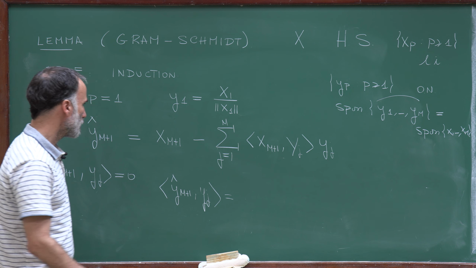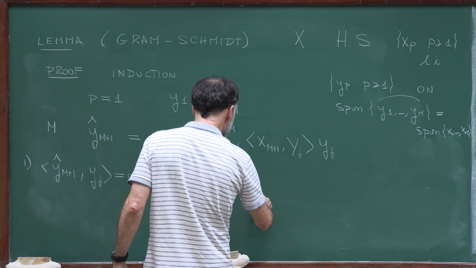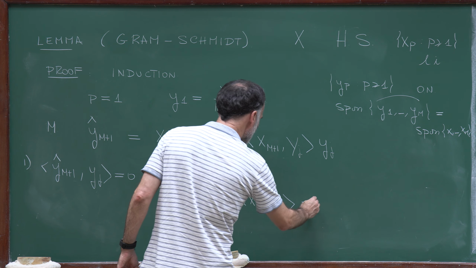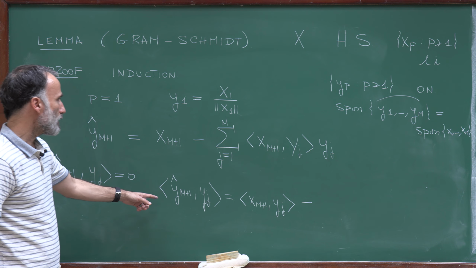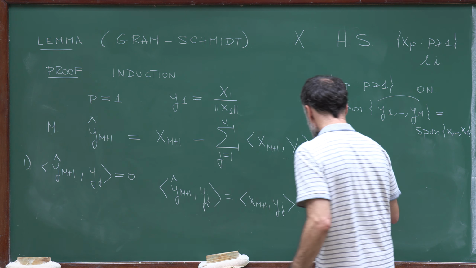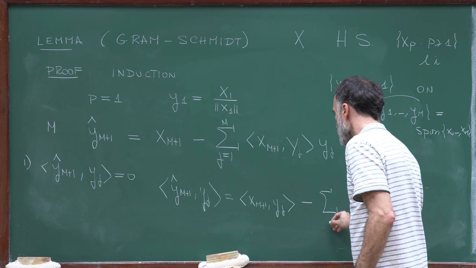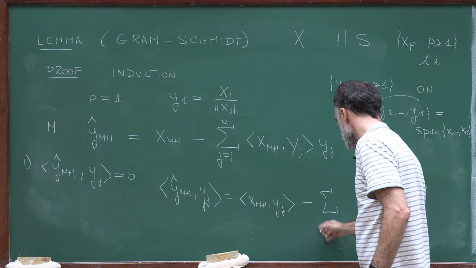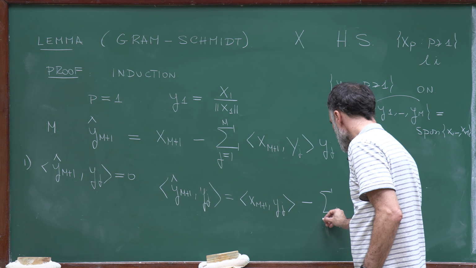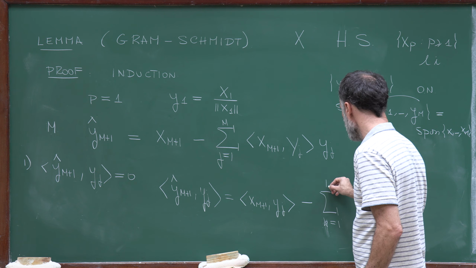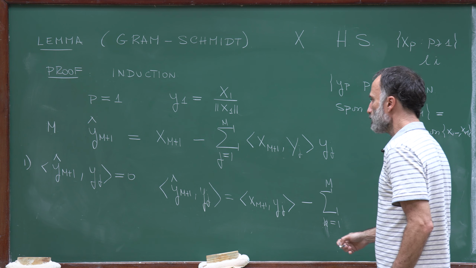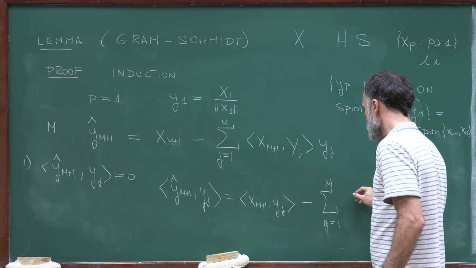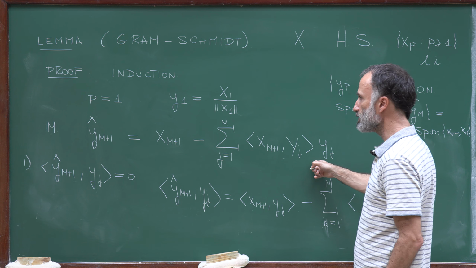So the scalar product of y_{m+1} hat with y_j is equal to the scalar product of x_{m+1} with y_j minus, by linearity, the sum for k from 1 to m of the scalar product of x_{m+1} with y_k, times the scalar product of y_k with y_j.